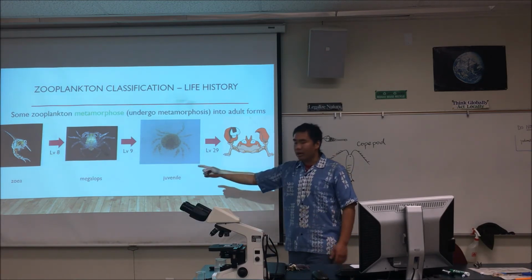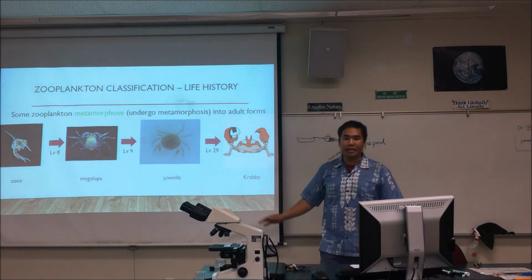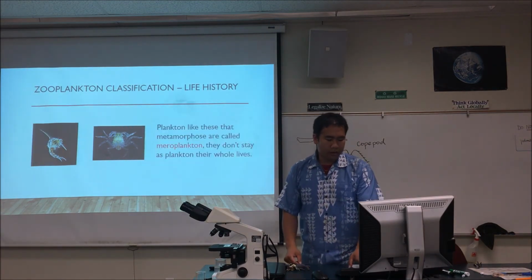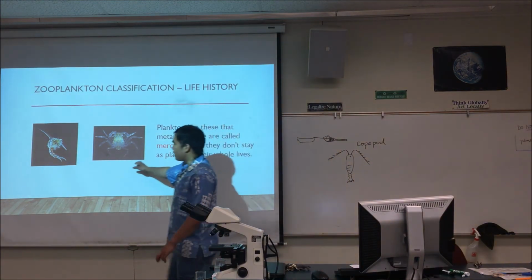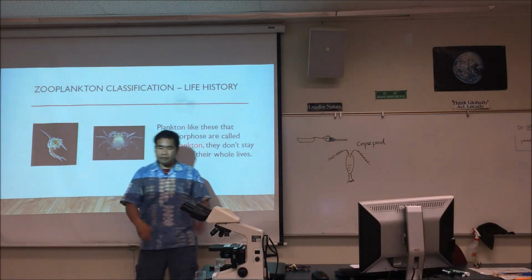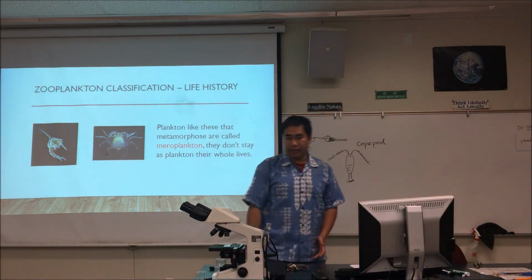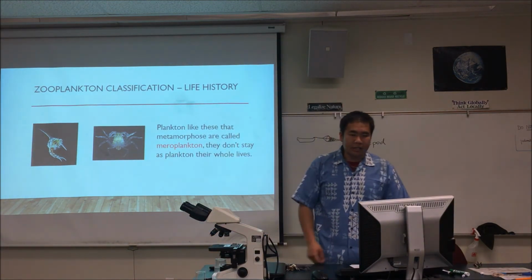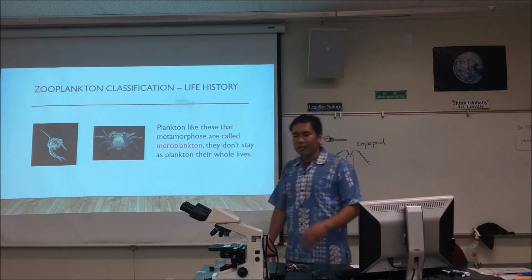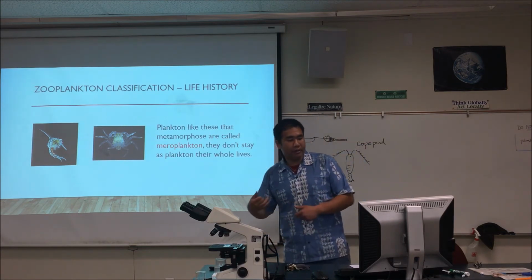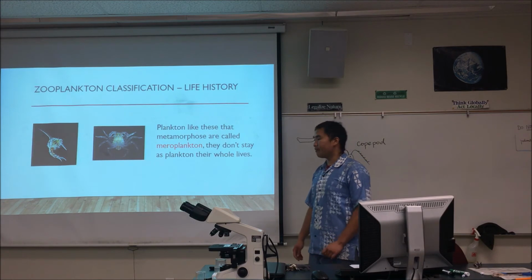Plankton that start out their lives as plankton and then stop being plankton as adults are called meroplankton. So the megalops and the zoea are two different types of meroplankton. Meroplankton are a type of plankton that stops being a plankton at some point in its life, maybe turning into something that's not a plankton. We'll go over different examples.